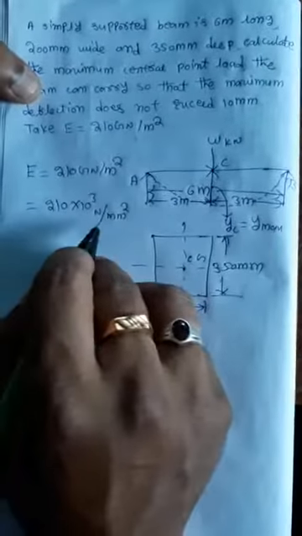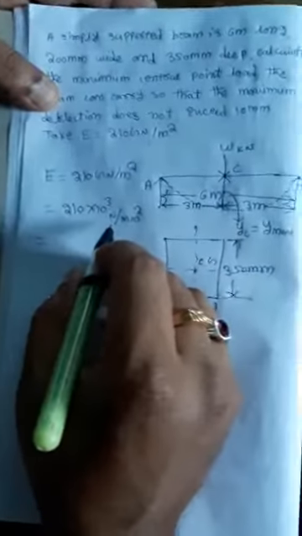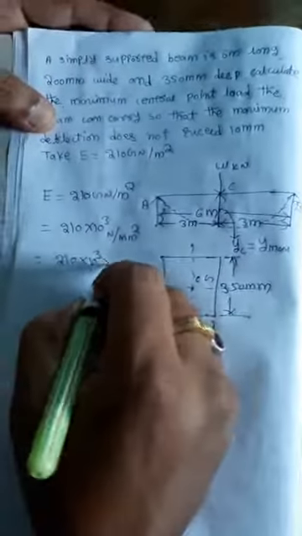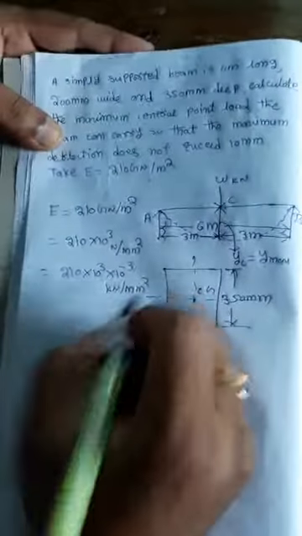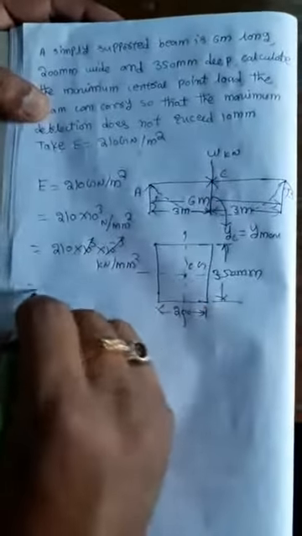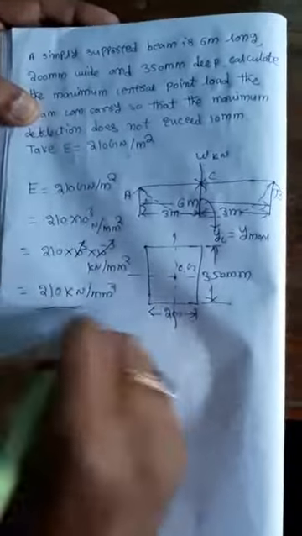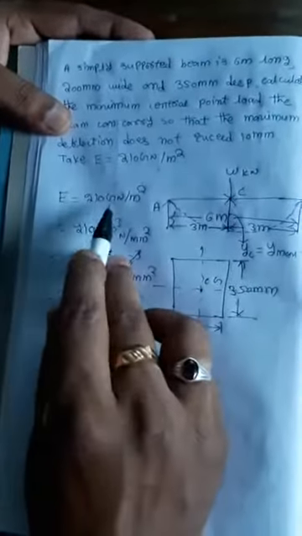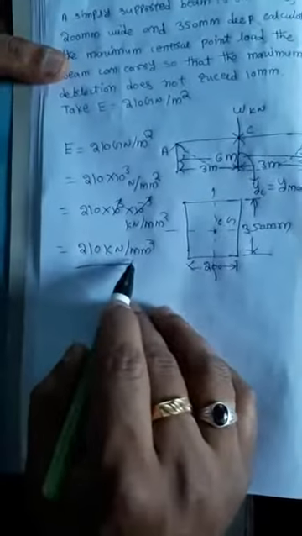But we want the units in kilonewton per mm square, so Newton changing into kilonewton is 10 to the power of minus 3. So 210 into 10 to the power of 3 into 10 to the power of minus 3; 10 to the power of 3 and 10 to the power of minus 3 cancel. The remaining answer is 210 kilonewton per mm square. By this process, we are changing units from giganewton per meter square to kilonewton per mm square.